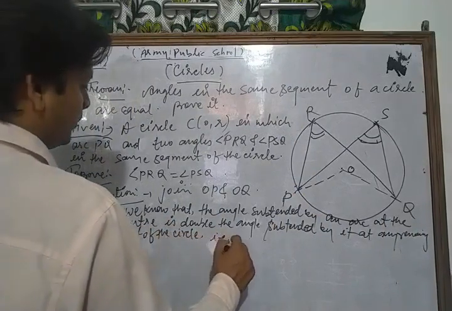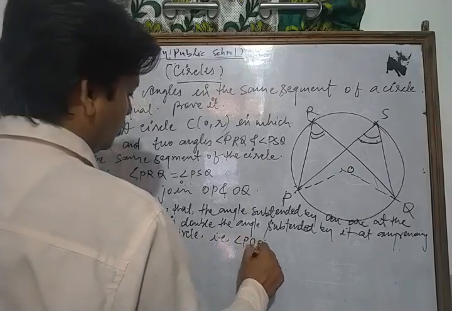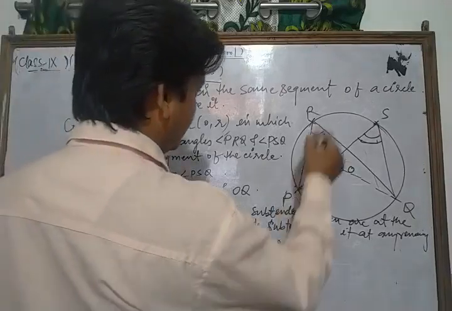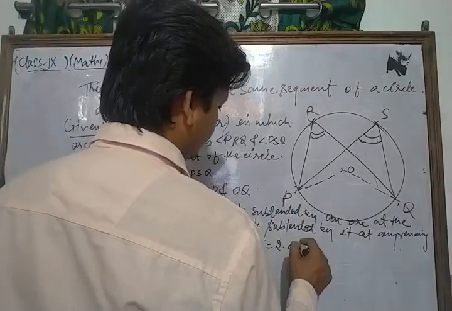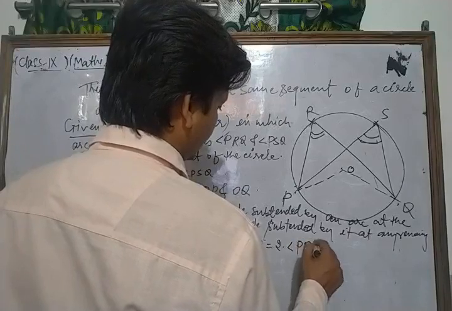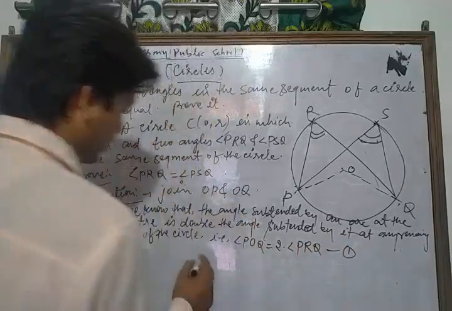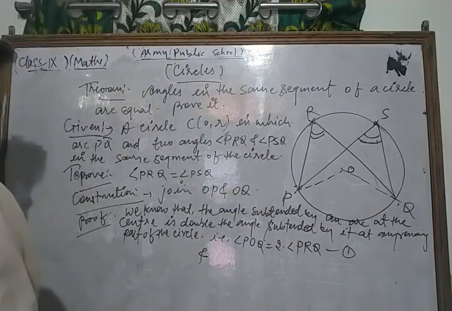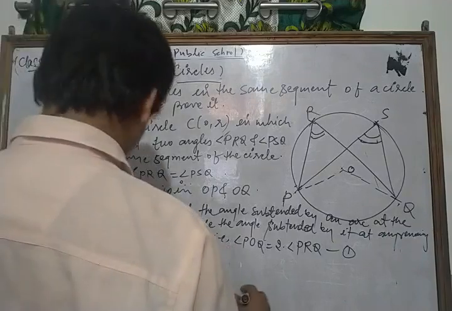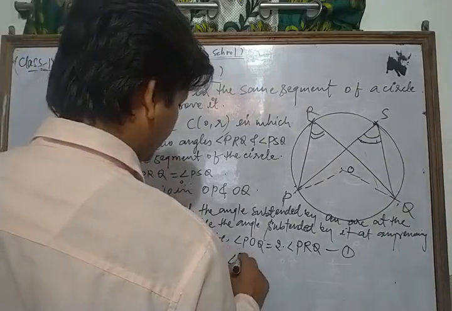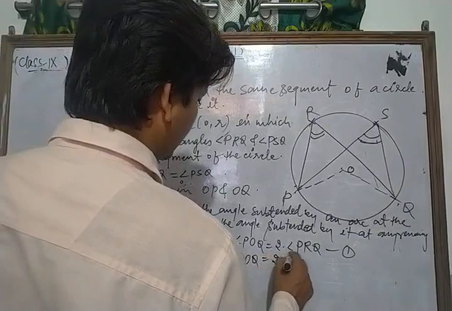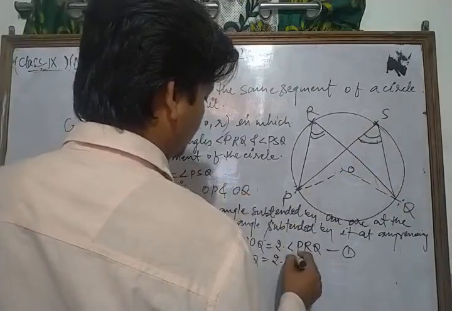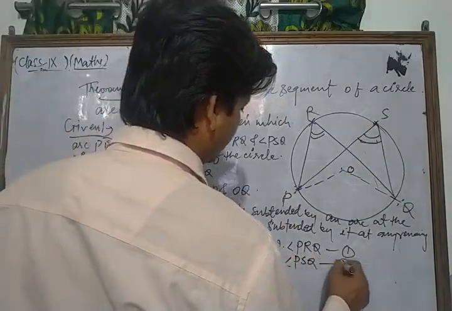that is, angle POQ is equal to 2 times angle PRQ, take it as equation number 1, as well as angle POQ is equal to 2 times angle PSQ, take it as equation number 2.